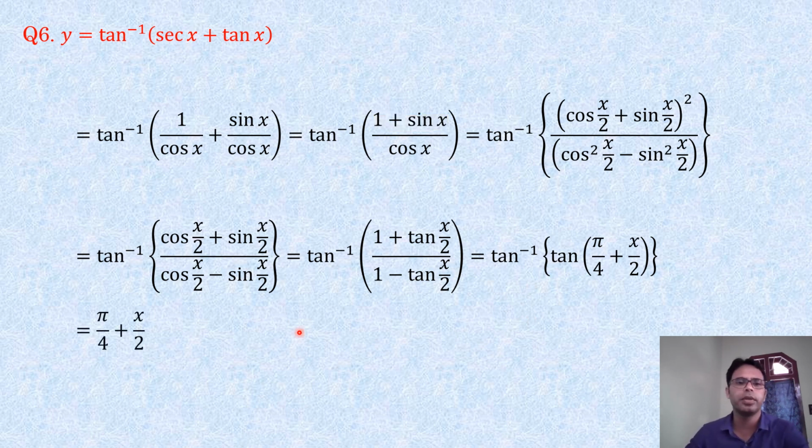So that is removed, simply pi by 4 plus x by 2 is there, so dy dx is equal to 1 by 2, because the derivative of pi by 4 is 0 and of x by 2 is 1 by 2.